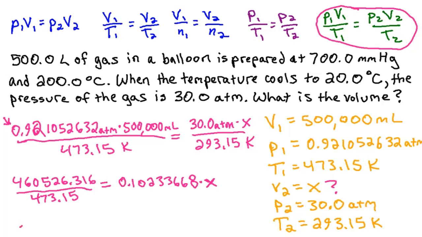On the left, we get 973.3199112. And that's equal to 0.102336668 times X.